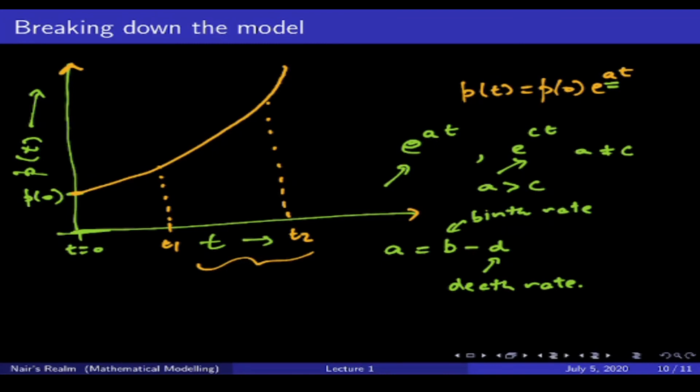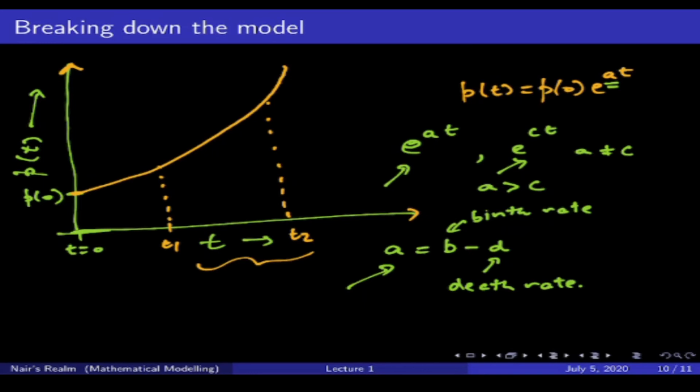If you think about it, it makes sense, right? If A is called the population growth rate, a population growth rate can be defined as simply the difference between the birth rate and the death rate of the country. And these birth rates and death rates are due to natural factors only, not due to a pandemic like COVID or a random disease that suddenly comes up in a particular country.